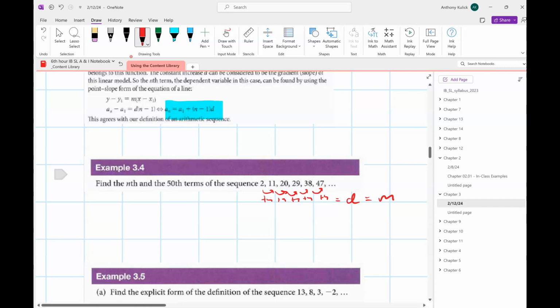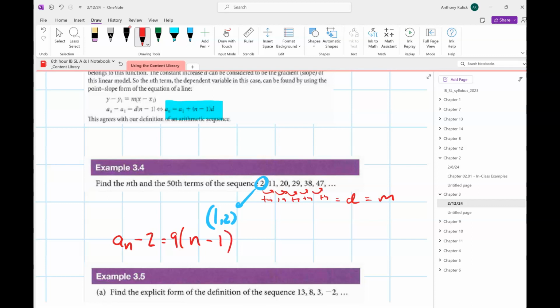And I have, say, this guy be the point 1, 2. 1 because it's the first term in my sequence. So if I plug this into my point slope equation for a line, I'd have y, but instead of y, we're going to write a sub n minus a1, which is 2, equals m, which is d, times x, which we're using n in place of, the term number, which in this case is 1.